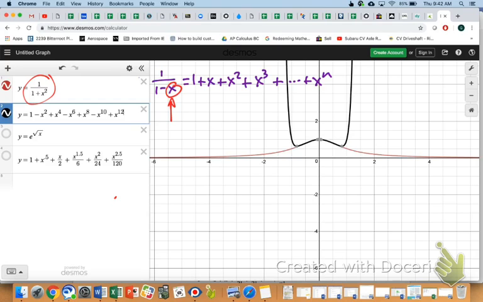Not x squared, but you're really close. Not 1 either. What would I need to replace the x with so that I'd end up with 1 over 1 plus x squared? Negative x squared, right?